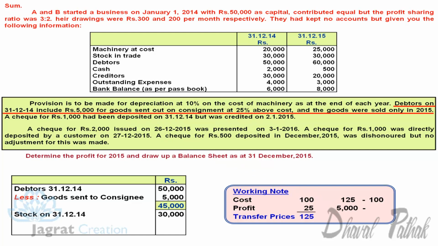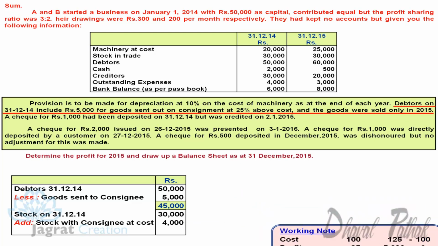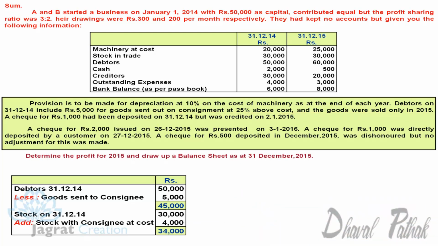For 5,000, it is 5,000 into 100 divided by 125, so 4,000 is the cost of stock with the consignee. So stock with the consignee will be added, and my closing stock for statement of affairs purposes should become 34,000. Now let me change the 50,000 given to me. In light of the adjustment, it is changed to 45,000, and the stock given to me, 30,000, in light of this adjustment, is changed to 34,000.